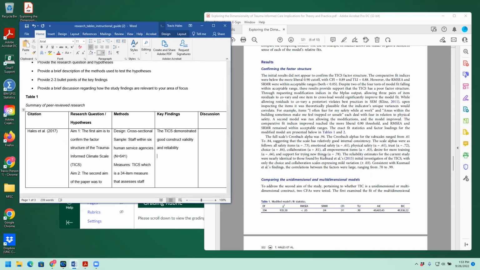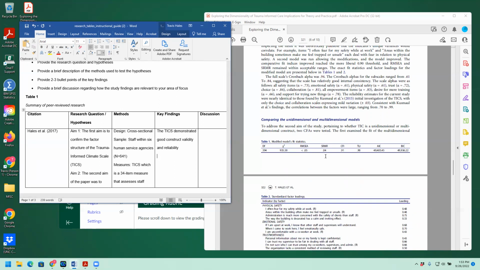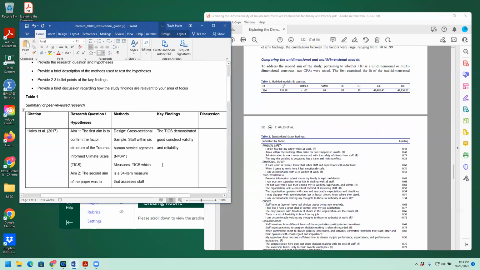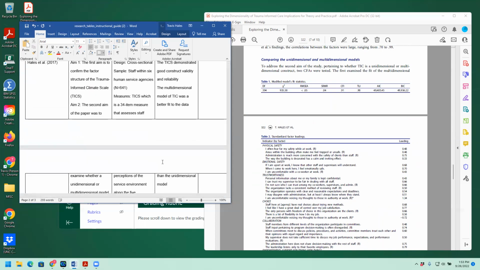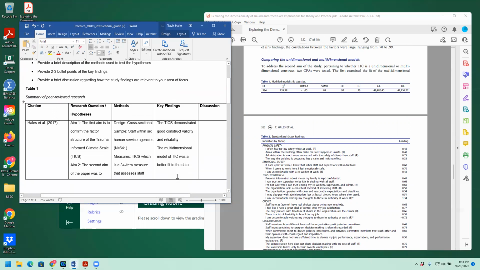And then going through the results further and comparing the models, I know that the multi-dimensional model of trauma-informed care was a better fit to the data than the unidimensional model. And for this study, those are the primary findings.